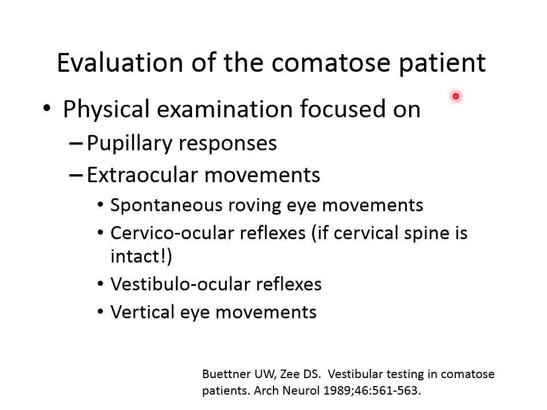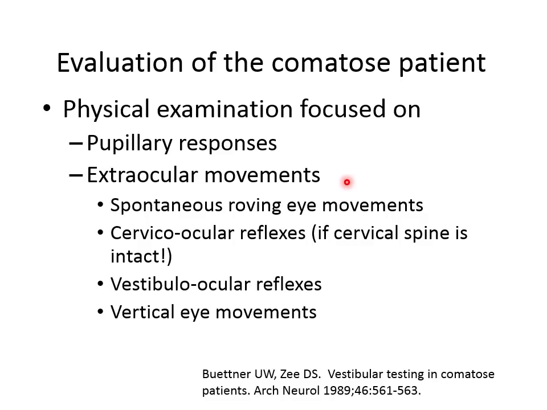How do we evaluate the comatose patients? The physical exam is focused on pupillary responses and extraocular movements. Why is that? Because these are largely dependent on structures within the brainstem.